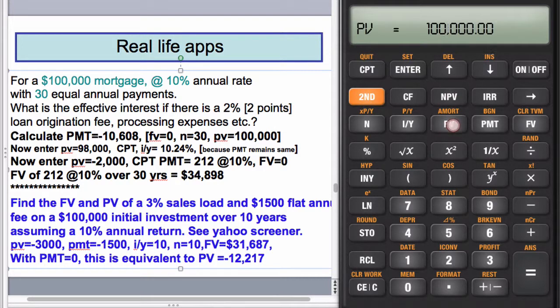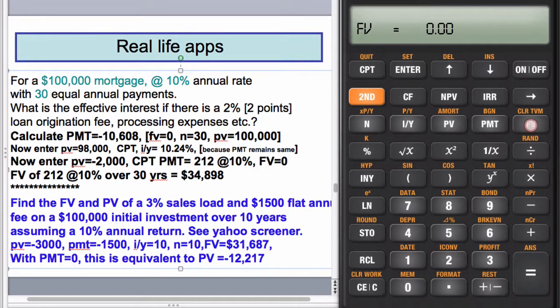Number of years is 30. Future value is 0. Why is the future value 0? It's not there in the question here, because you pay off your loan, so you don't owe anything.